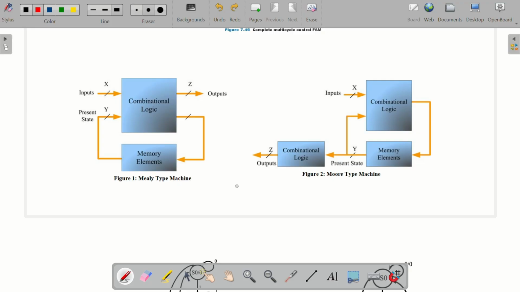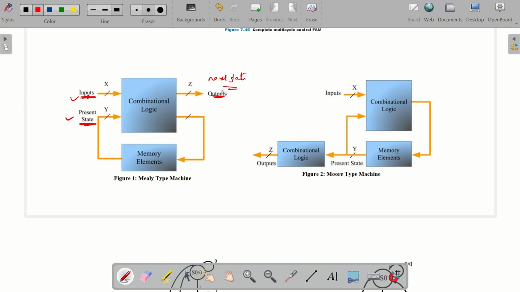In order to determine your next state and what will be the outputs of this next state, you need the information of your current state as well as the inputs that are given to the combinational logic. Whatever inputs you are giving and whatever state you presently are in are the determining factors for your next state.